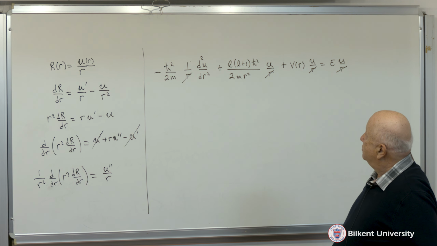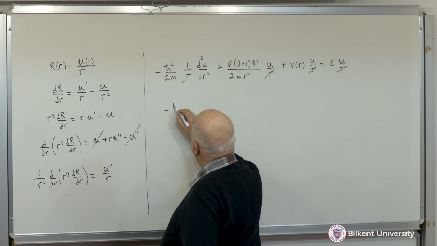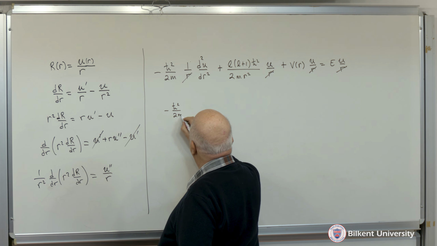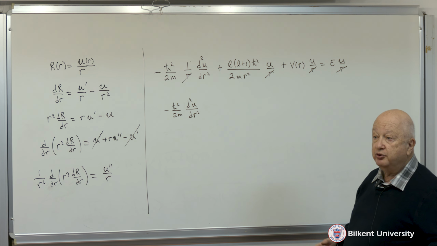So you get a somewhat interesting equation: minus h bar squared over 2m d squared u dr squared. So this is just like the one-dimensional Schrödinger equation.